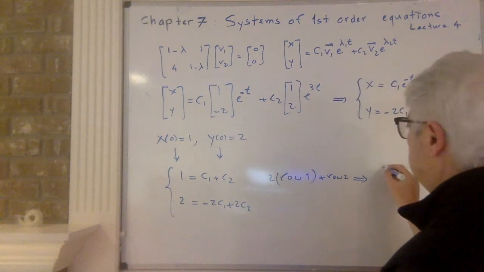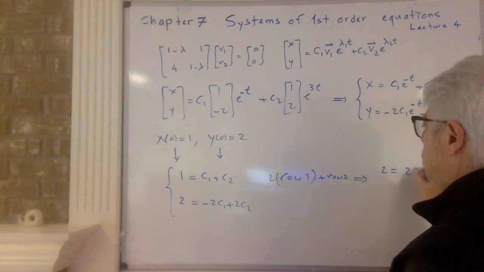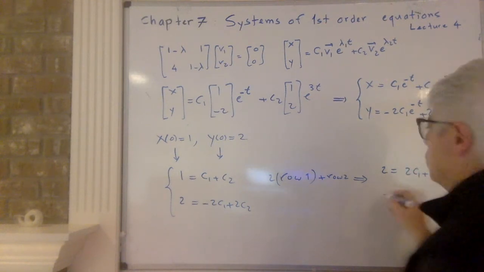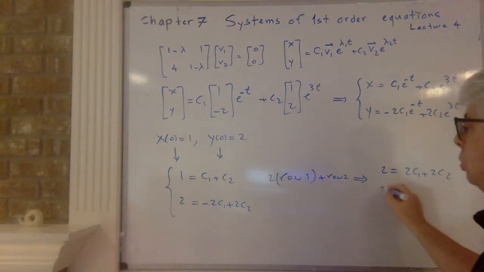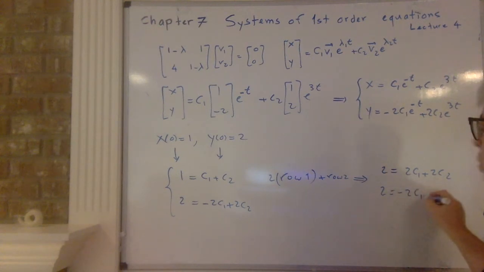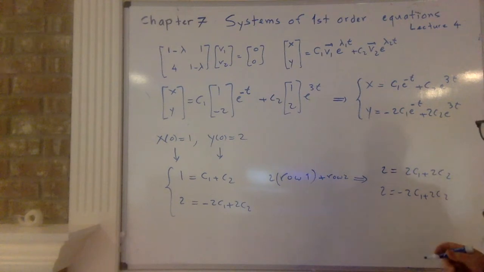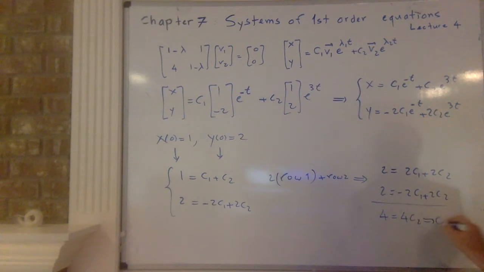So I have 2 equals 2 C1 plus 2 C2, and here I have 2 minus 2 C1 plus 2 C2, so this is 4 equals 4 C2, and that C2 is 1, and C1 is 0.